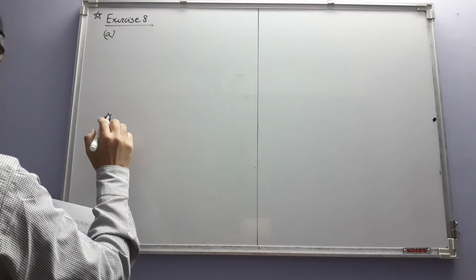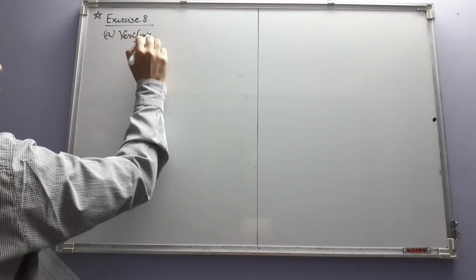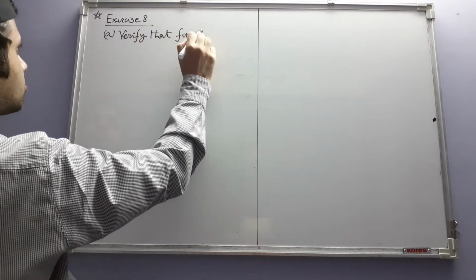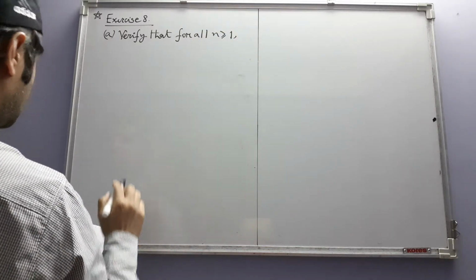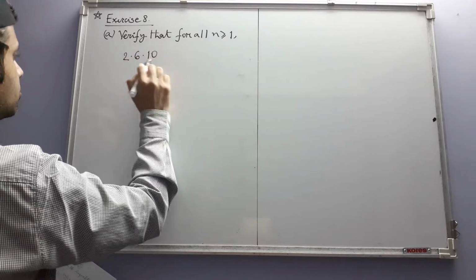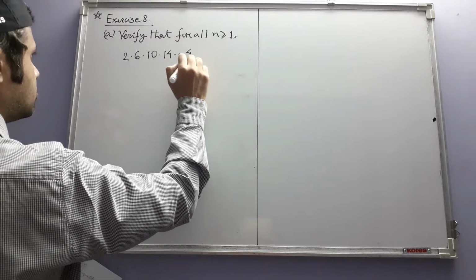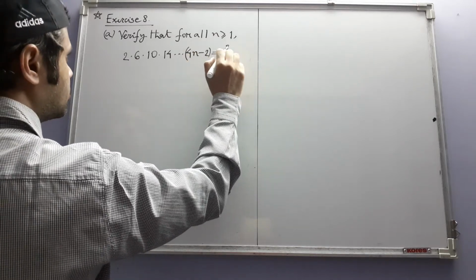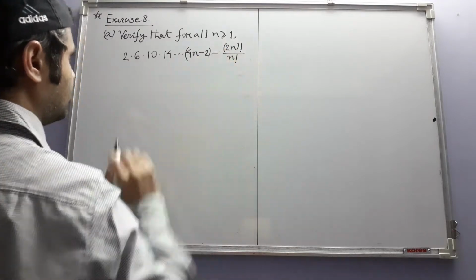Part A, verify that for all integers n greater than or equal to 1, this identity is true: 2 times 6 times 10 times 14 and so on, up to 4n minus 2, is equal to 2n factorial divided by n factorial.